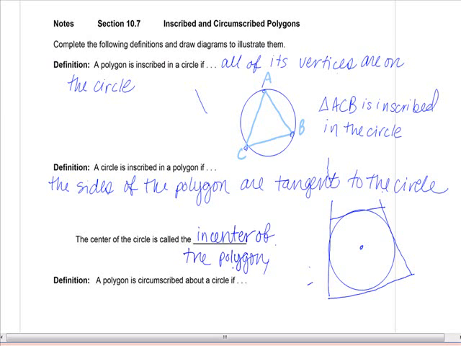Doing just a bit of vocabulary today. All right, so when something's inscribed, that means it's within. Inscribed is within. And now the opposite of that is around.